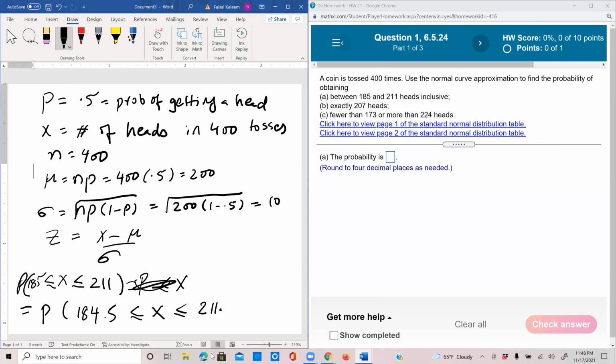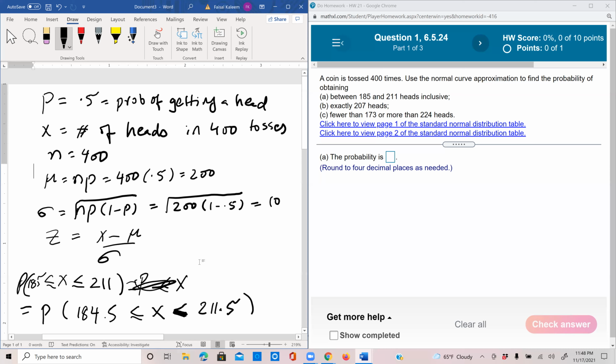Strictly speaking, we should say less than 211.5, but it doesn't matter. Now we are in the realm of continuous. So the next integer less than 211.5 is 211, and that's where we want to end.